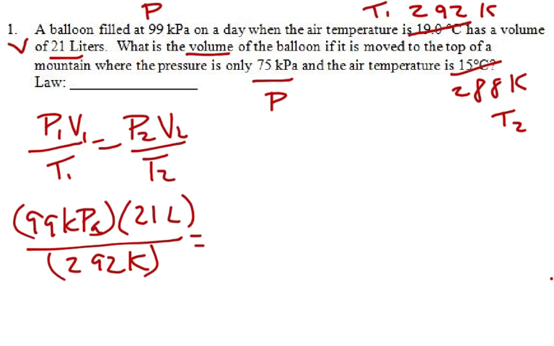Now I need the P2 and the volume, so this is X. If it's moved to the top of a mountain where the pressure is 75, and the air temperature is 288.